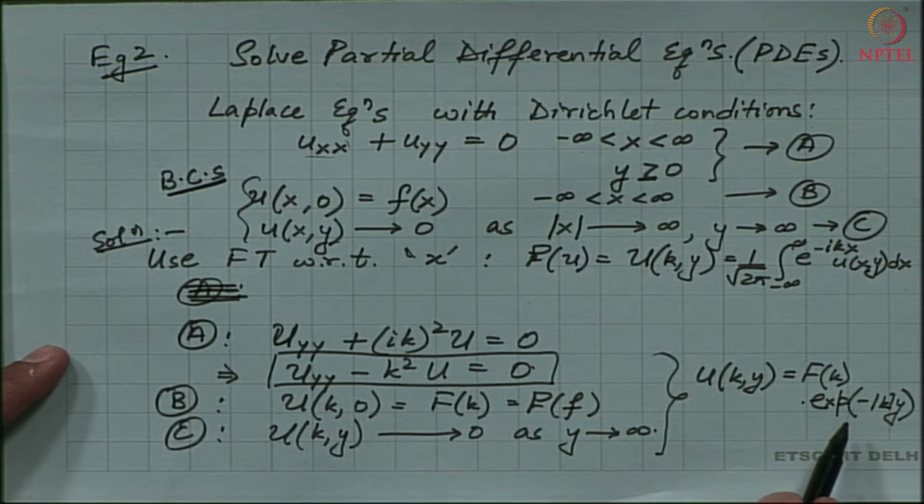Notice that as y goes to infinity, the solution goes to 0, and at y equal to 0, the solution is F of k. So it satisfies both the boundary conditions, and it can be checked that it is the solution to this ODE. Then I have to use the inverse transform of this function.